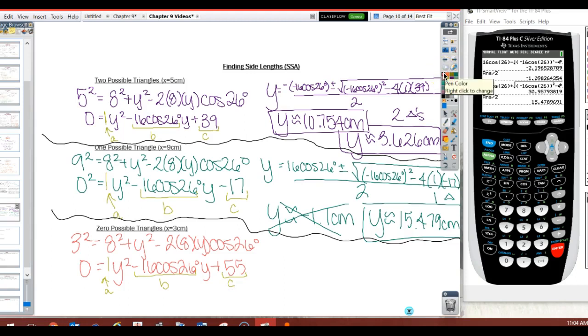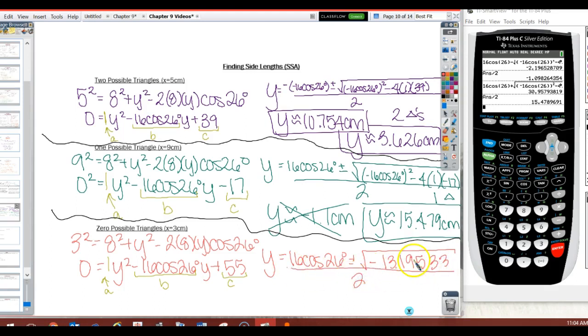Now with this one, same thing, you'd end up setting up the quadratic formula, but the one thing that I do want to point out is when you simplify what's underneath the radical, we're going to end up getting a negative 13.19533 roughly, and all of this would be divided by 2.